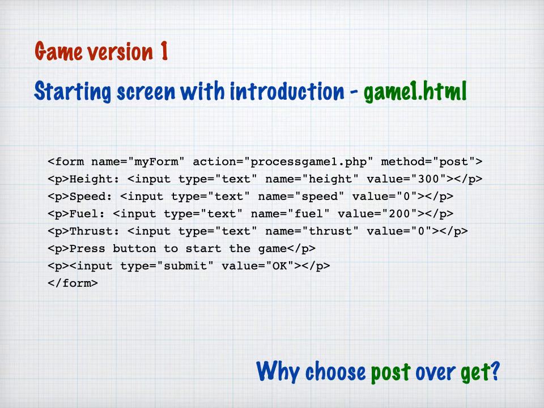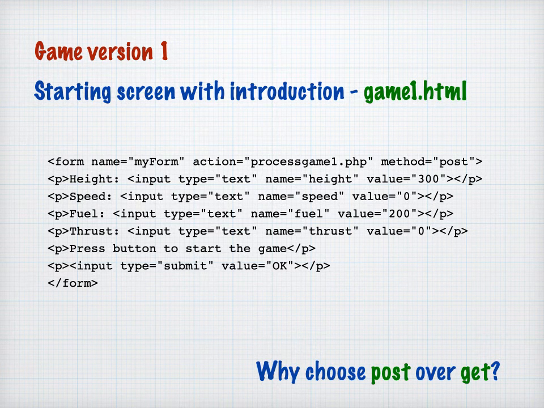And in this instance, if you look at the top line, you can see that we are going to have a response page called process game 1, and we're going to pass values through to that page using the post method. And I'll leave you to think about why we're choosing post rather than get at this particular point.